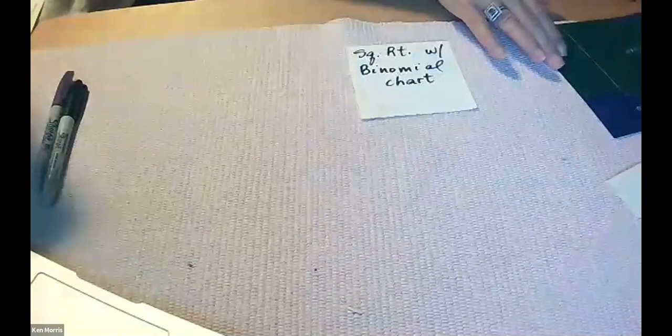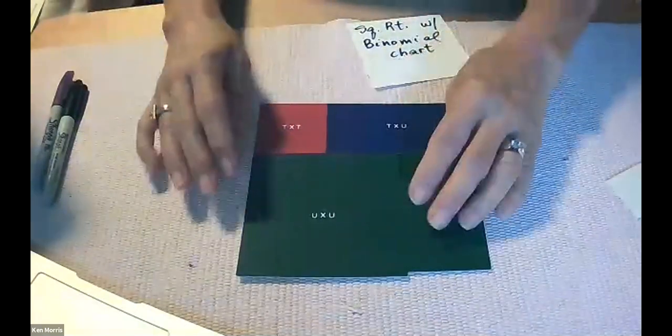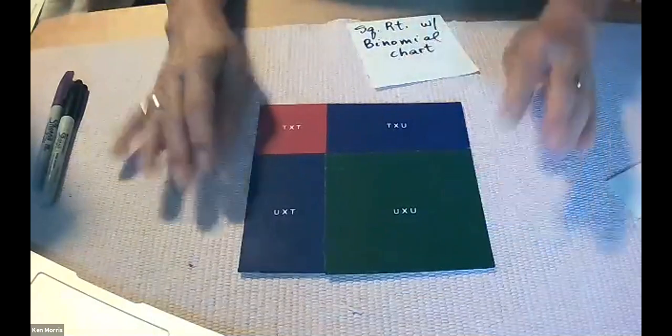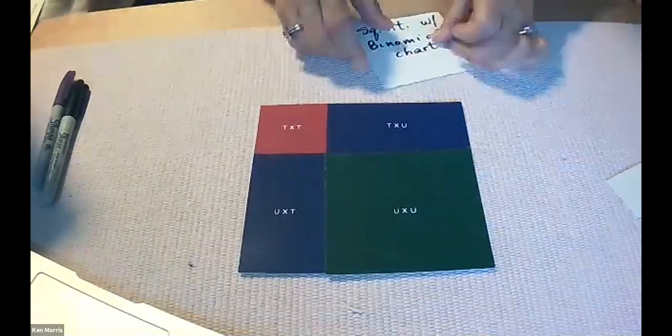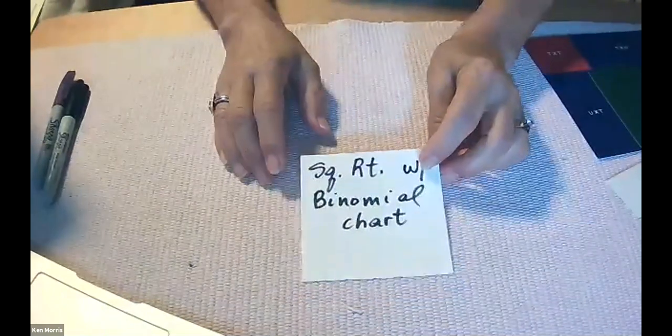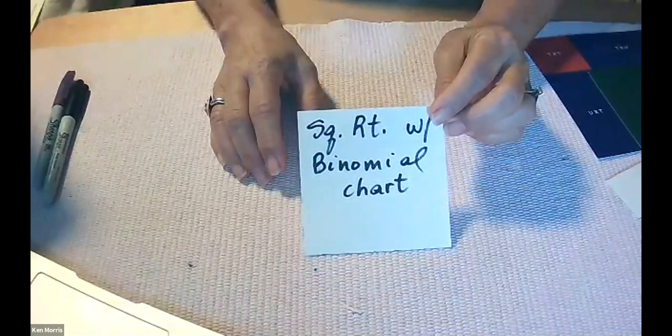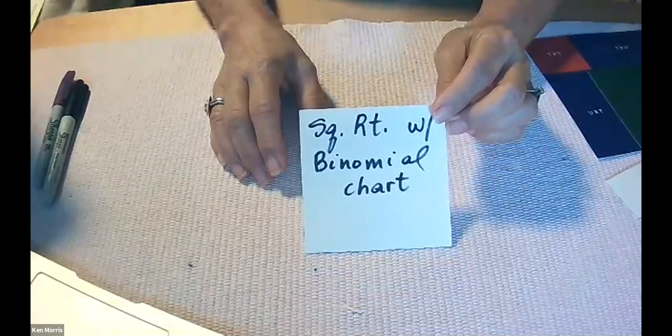Okay, so we're going to be using our binomial guide from yesterday to help us with this problem. The lesson is called Square Root with Binomial Chart. I've abbreviated, I hope that's okay.